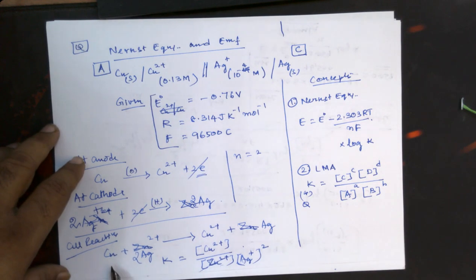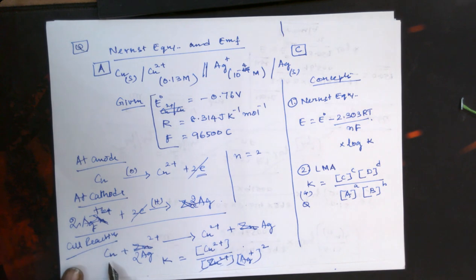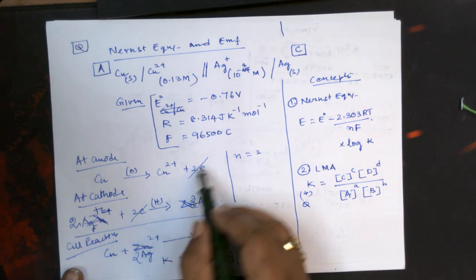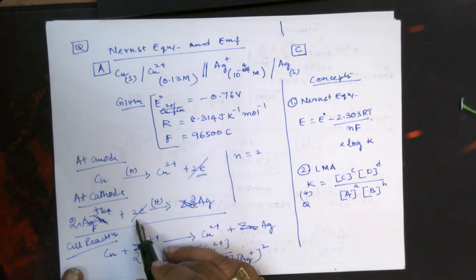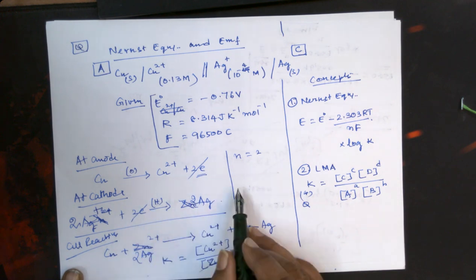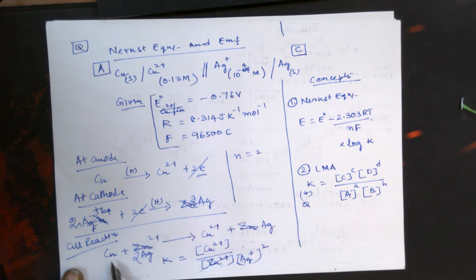Now the cell reaction, you can add these two so that you are able to get the cell reaction. So you can strike out this 2e since they are present on the other sides. So Cu plus 2Ag plus gives Cu 2 plus plus 2Ag.